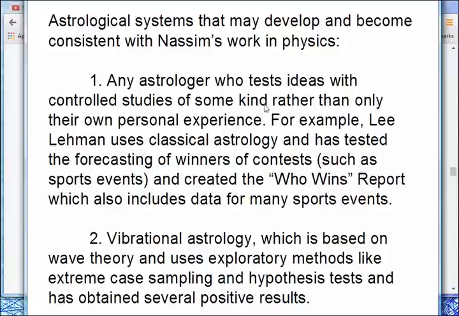If astrologers want to enter into that world, if that looks attractive and interesting, part of the game would be to test ideas more carefully. So I use Lee Lehman as an example of a person who does that. Also, if your ideas in astrology happen to fit within the conceptual framework, that makes it easier to integrate.